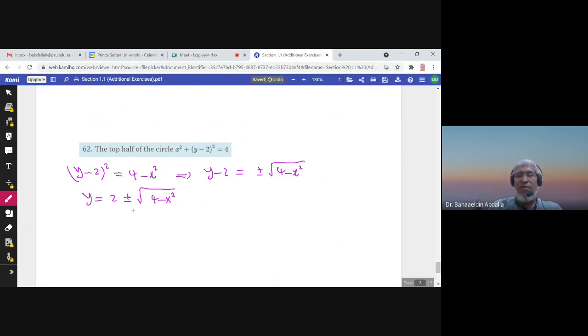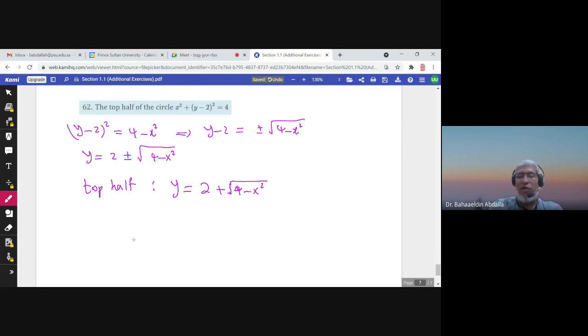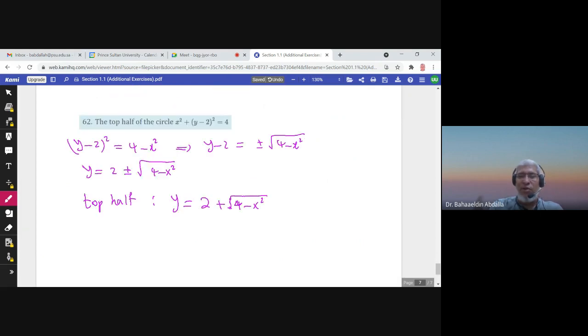The top half would be the one with the positive sign. So this equation would be the equation of the top half. The equation of the bottom half would be 2 minus square root of 4 minus x squared.